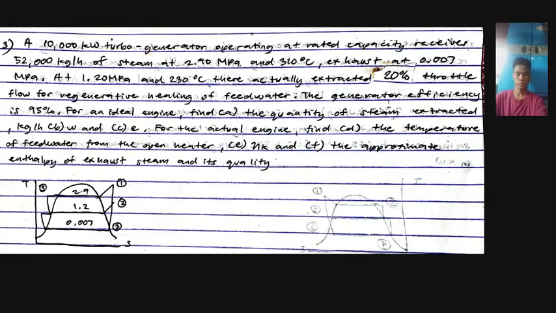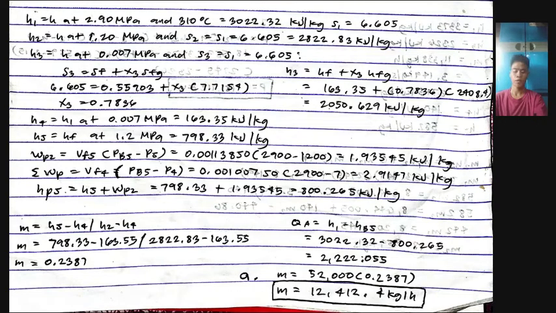Okay, having illustration and getting the value of H sub 1, H sub 2, H sub 3, H sub 4, H sub 5, WP sub 2, total work, and HP sub 5 is in the module.